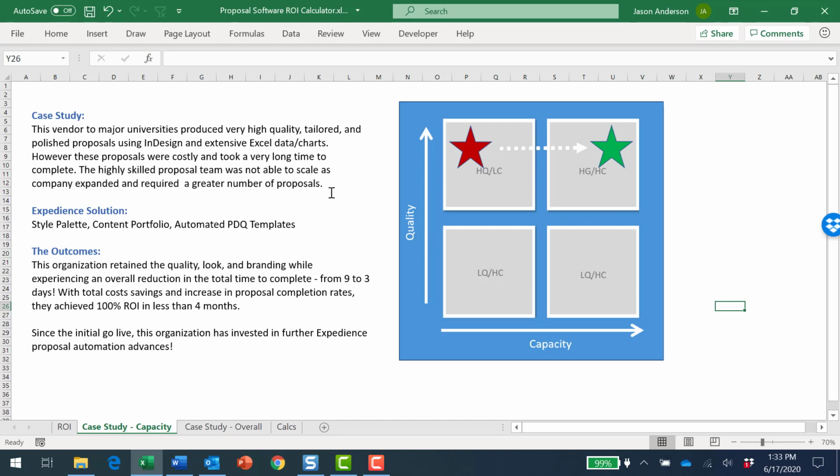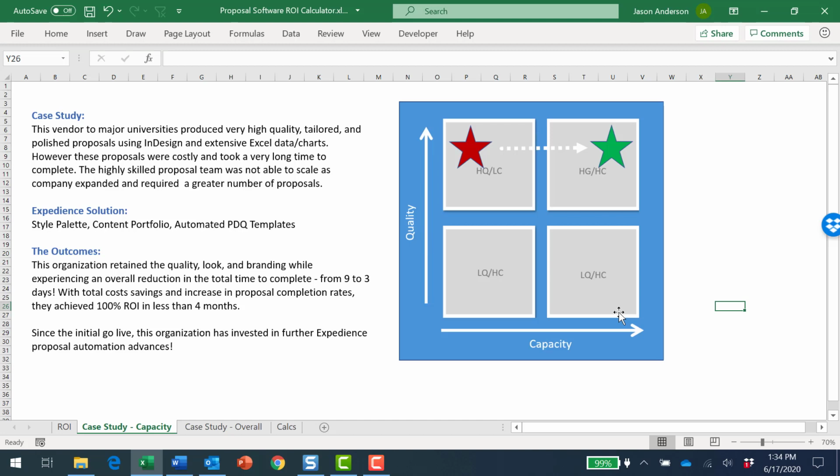So this first customer, as you can see, actually did an excellent job creating a beautiful, quality, highly branded, accurate, detailed proposal. They were making them in InDesign. What they described was a real challenge from a capacity perspective. They were slow and expensive, handcuffing the business from being able to get a quick response.